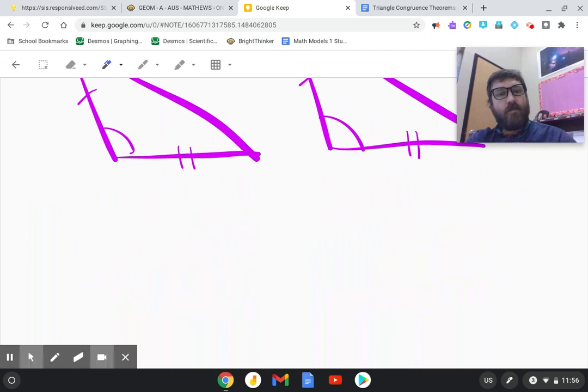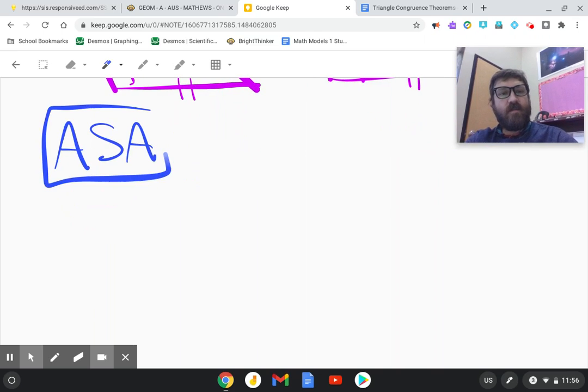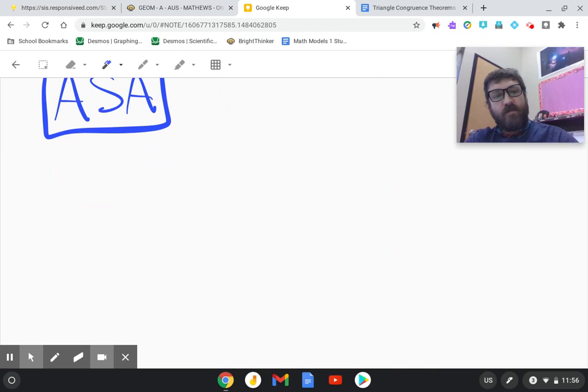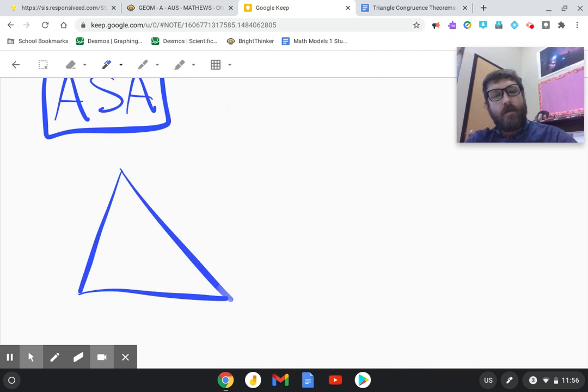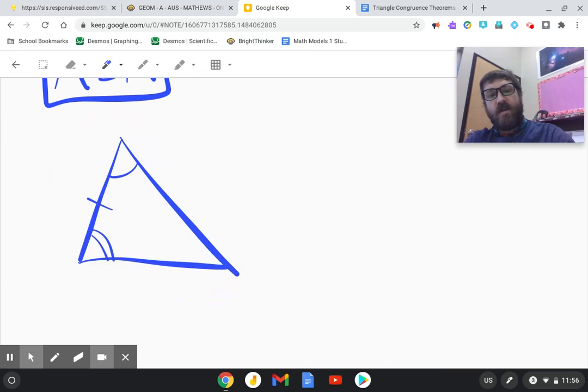Let's keep going. Next one is angle, side, angle. Okay, should make sense. We have two angles. Say we have these two angles and the included side.